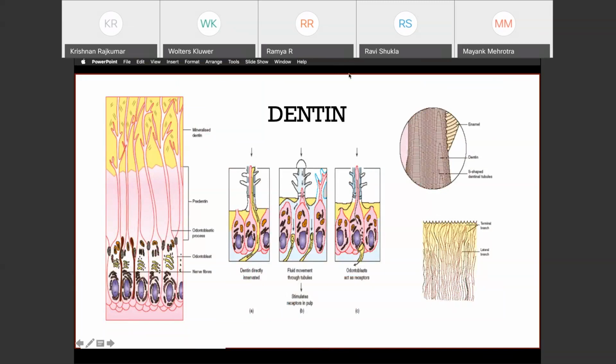It should be done 0.5 millimeter below the dentino-enamel junction. So you should know the significance of that. You should know the different theories which explain the sensitivity of the dentin, and how blowing air, hot or cold, close to the dentin when you have prepared a cavity can create pain and sensitivity for the patient. All those things have to be taken into consideration.